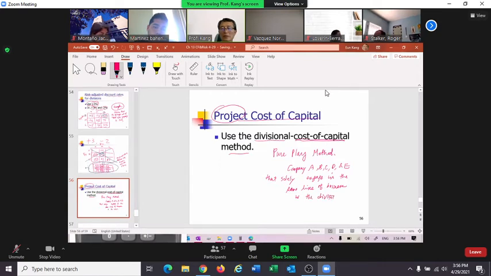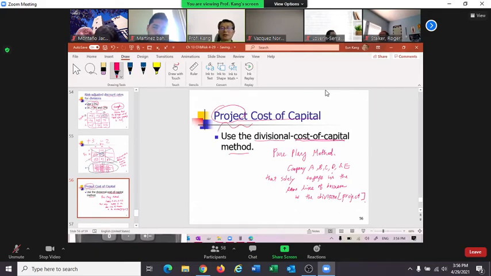But now, instead of the division, it's the project. Then that is project cost of capital.